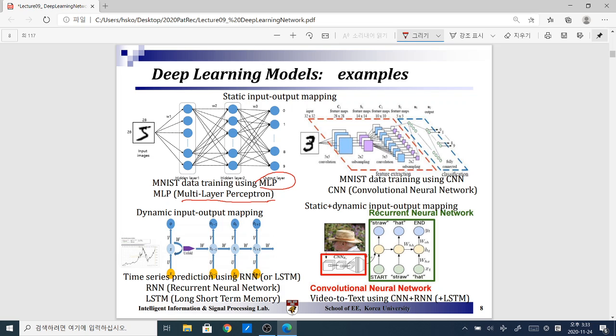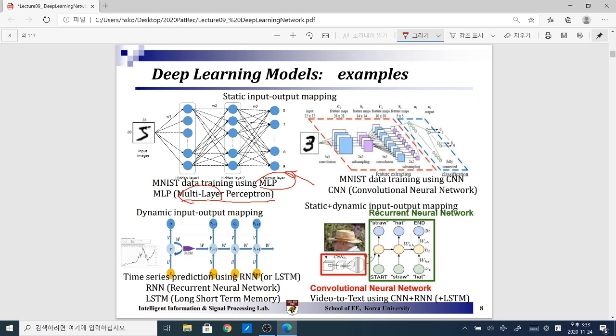This is an extension of the artificial neural net having multiple layers, not just one or two shallow hidden layers, but more than that. Let's say 5 or more hidden layers, having this type of structure.